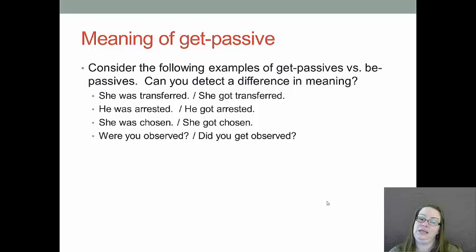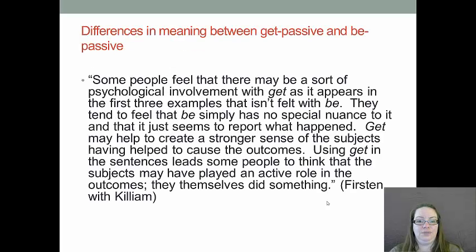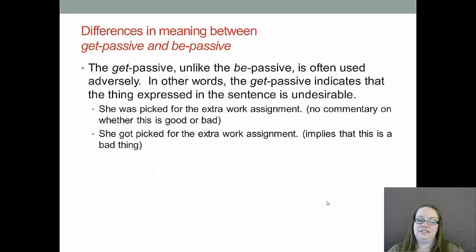All of these for me have the person having more impact on what happened in the verb. This paragraph explains that we often feel there's some sort of psychological involvement, that get has a special nuance with a stronger sense of the subject being involved in what happens. Differences in meaning.